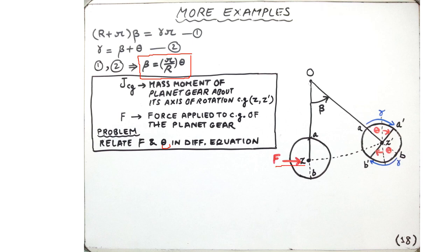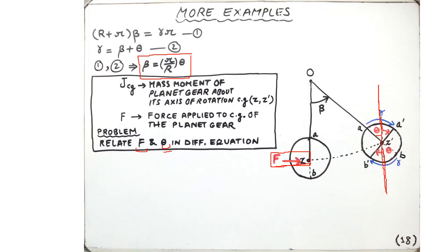There is some force that is being applied to the center of the planet gear A, that is at point X, Z. That force needs to be related with the angular displacement theta of the planet gear A. And remember, theta is the angular displacement of the planet gear A with reference to the global y-axis, which is this perfectly vertical line.